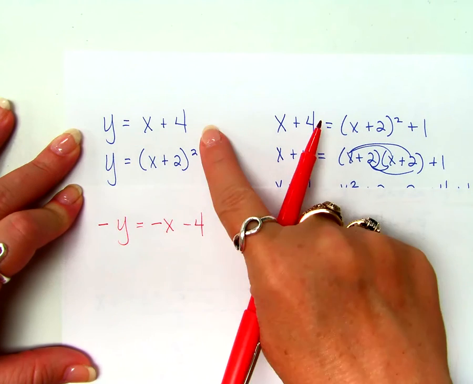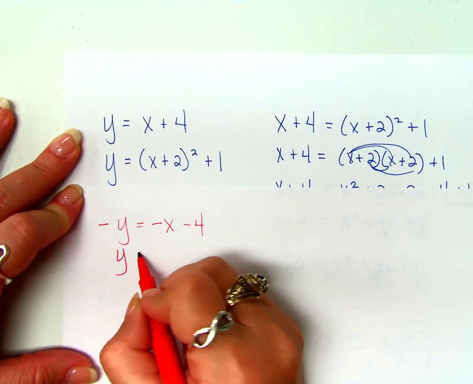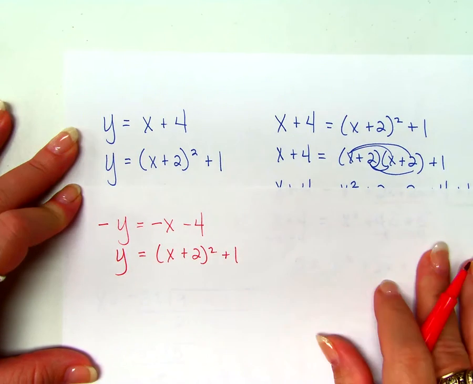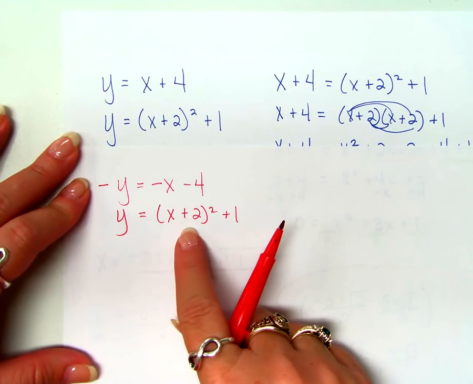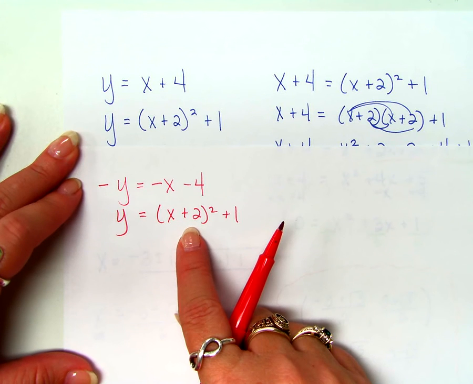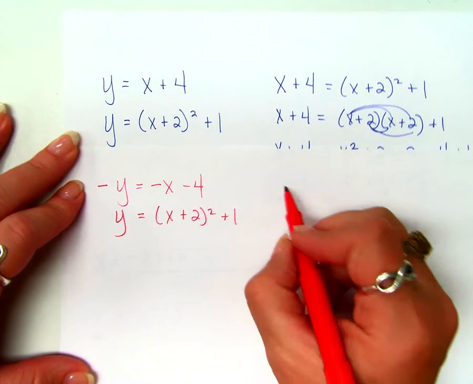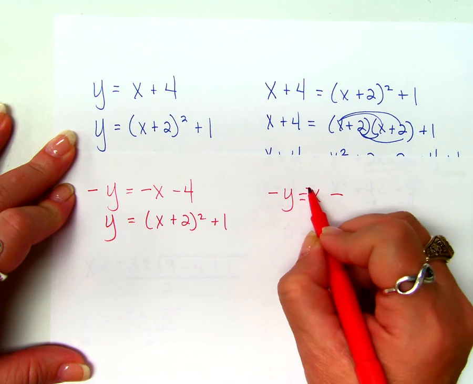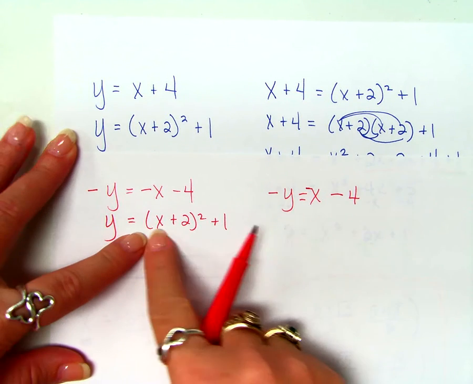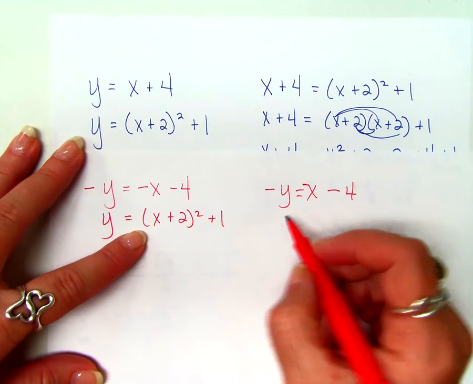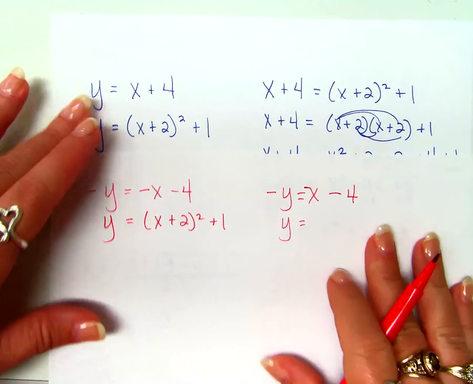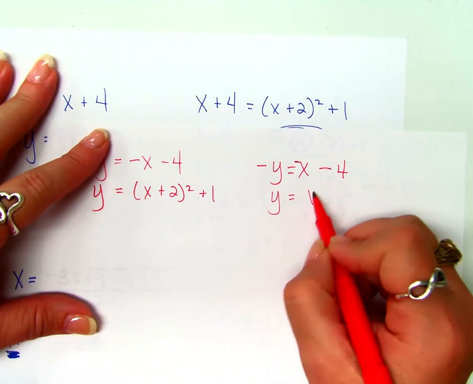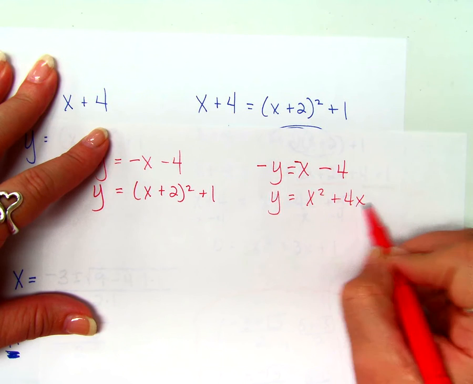I multiplied everything in the top equation by -1. What if I now combine it with the bottom equation? Can I directly combine it just like this? I really can't, can I? So this needs to be -y minus x equals -x minus 4, and I need to multiply that out, don't I? y equals, and I did that a second ago. Can we just go with that? Okay, so x squared plus 4x plus 5.